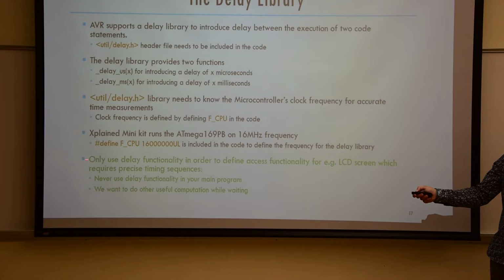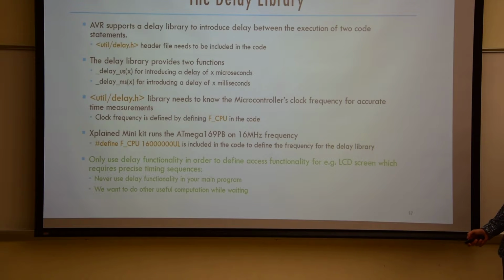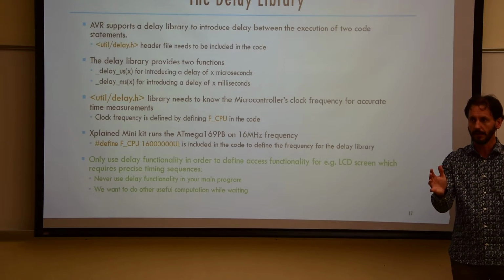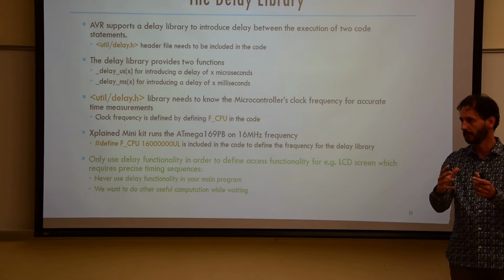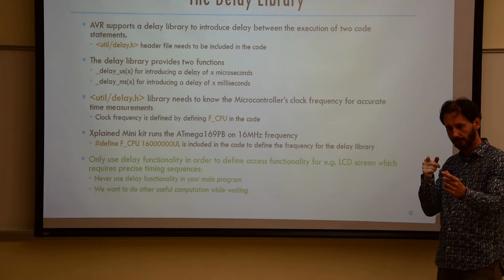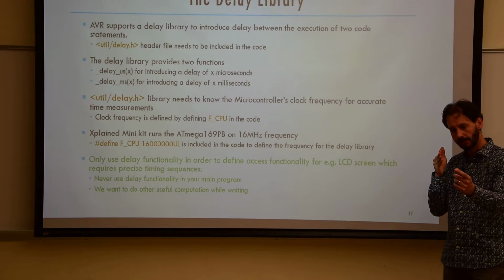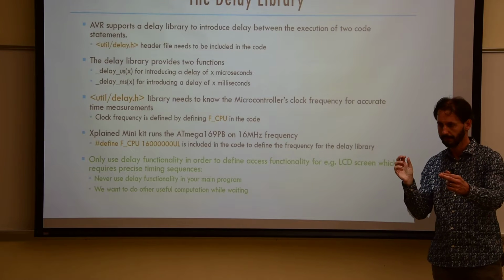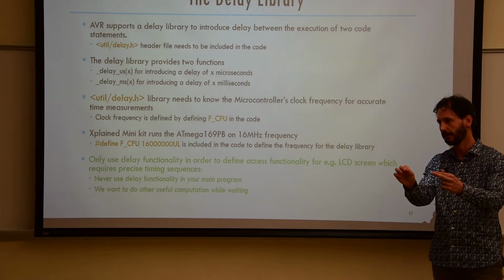In the future we will only use the delay functionality in order to define the access functionality for example of an LCD screen. The LCD screen itself is quite a complex hardware module on its own. I cannot just immediately write a 1 at a certain pin and then immediately after write a 1 at another pin.